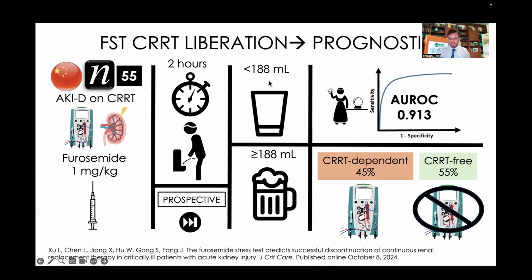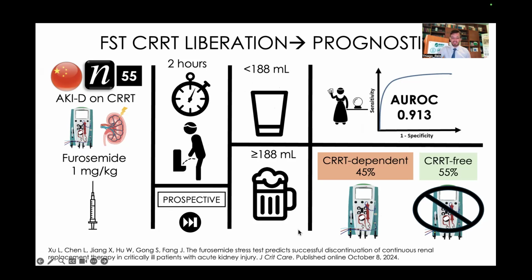If patients had a urinary output less than 188 mLs, there was an accuracy of 0.91 or 91% of affirming that those patients would still require dialysis.